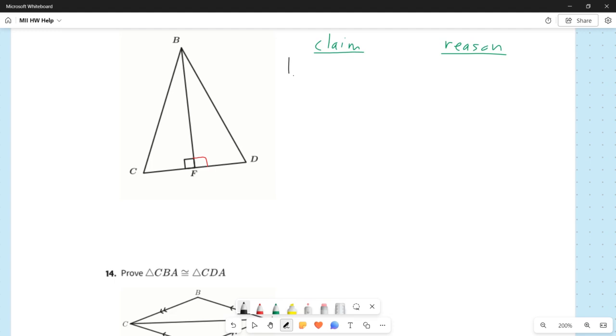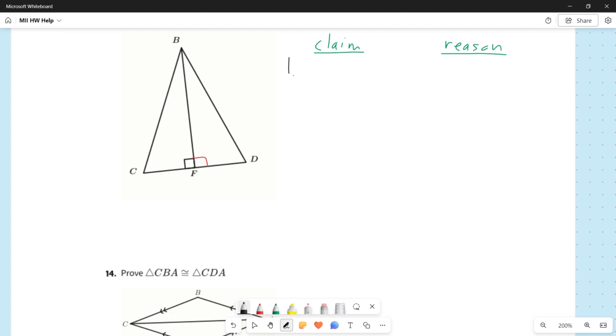If you're ever not sure about whether your proof is an acceptable proof or not, you're always welcome to stop by, talk to your teacher, come by for office hours, and we can figure out whether what you wrote, if it's different than what we're going to discuss right here, is acceptable or not.